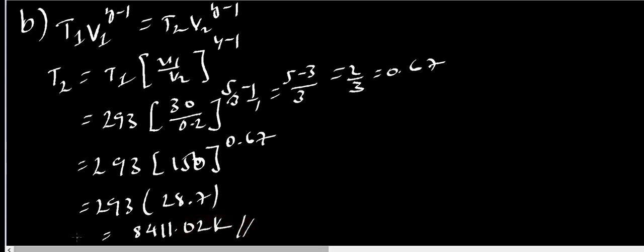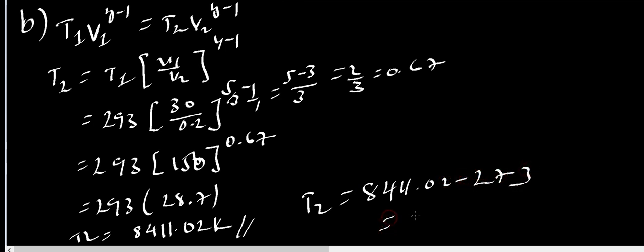This is T2. In degrees Celsius, T2 equals 8411.02 minus 273, which gives 8138.02 degrees Celsius. Okay, this is question number 1.